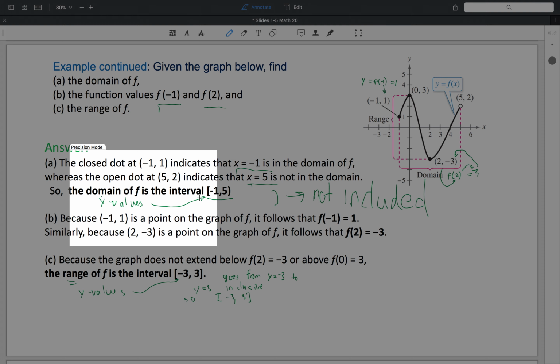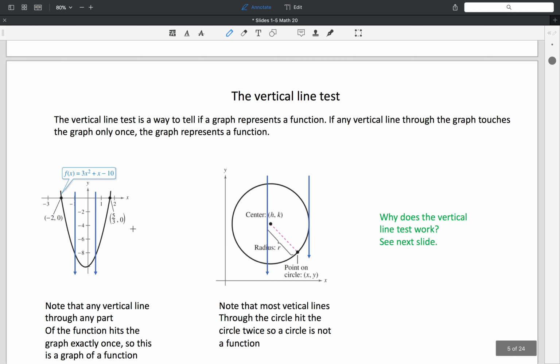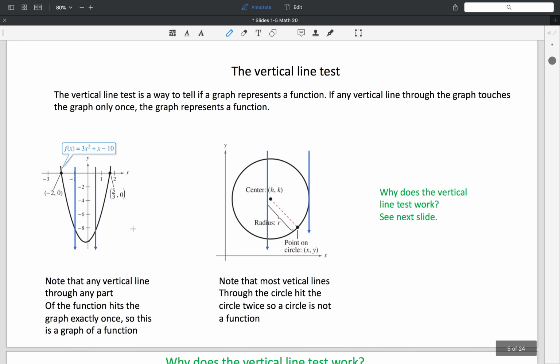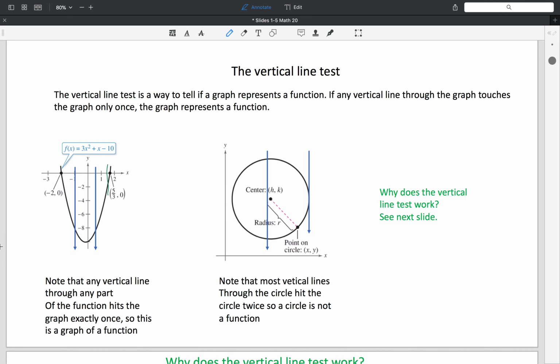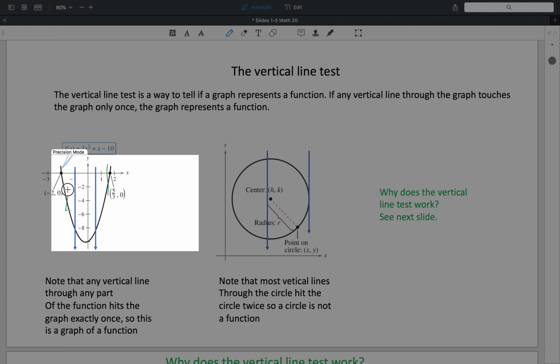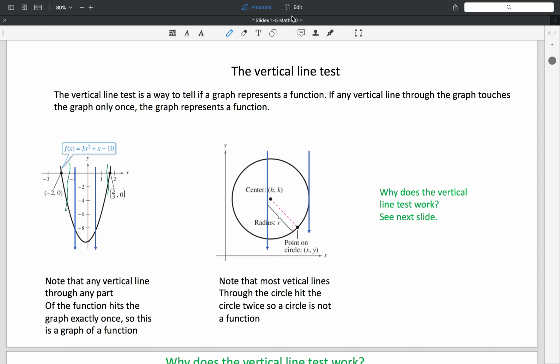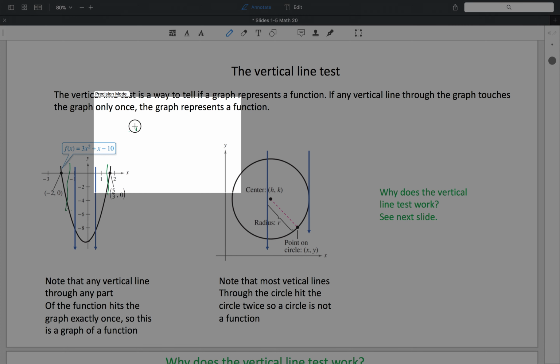Okay, on to the next one. The vertical line test is really simple. You have a graph and you imagine drawing every possible vertical line through the graph. If every vertical line hits the graph just once, you have a function. So this passes the vertical line test.